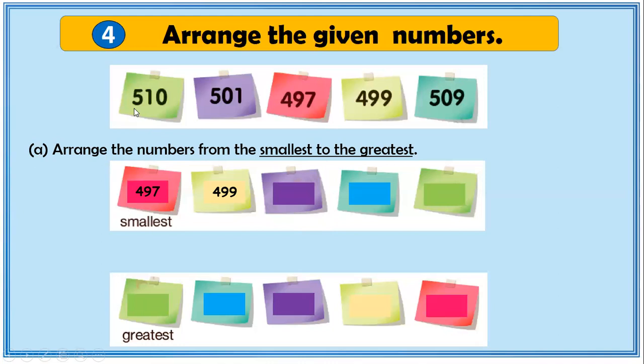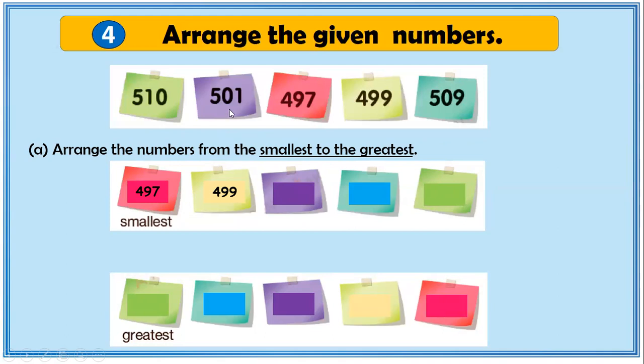Okay, so let us compare the numbers with 5 as their hundreds digit. Okay, so we have here 5, 5, and 5. Next, we need to compare digits on the tens place. So this is 1, 0, and 0. Okay, so automatically 510 will be the greatest number.